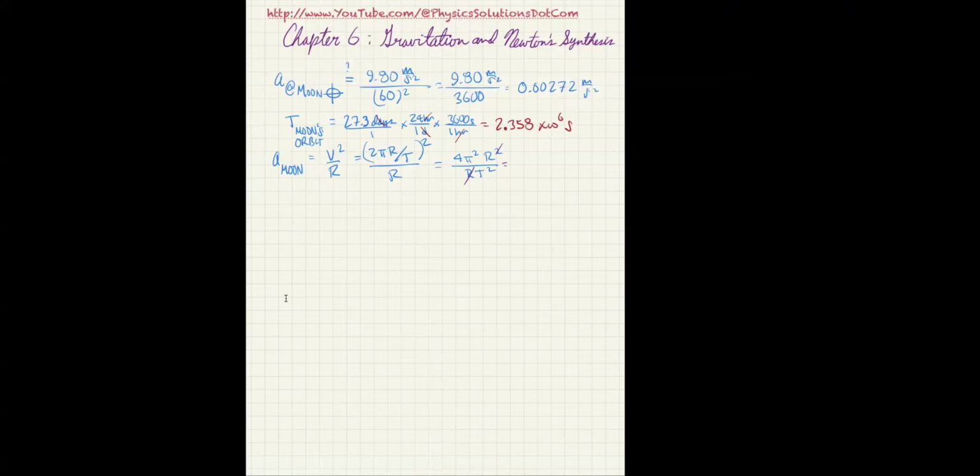In fact, the radius of the Earth is about 3.84 times 10 to the 8th meters. So our moon orbit is 60 times the radius of the Earth.